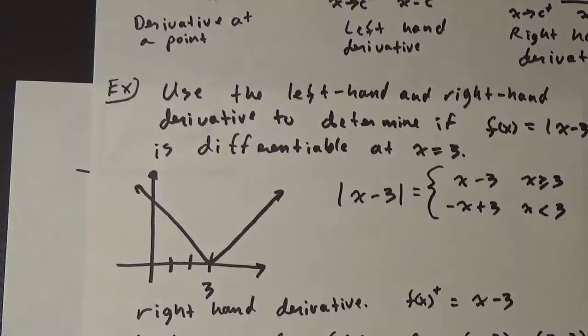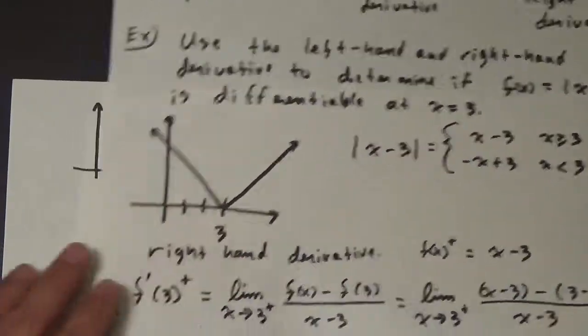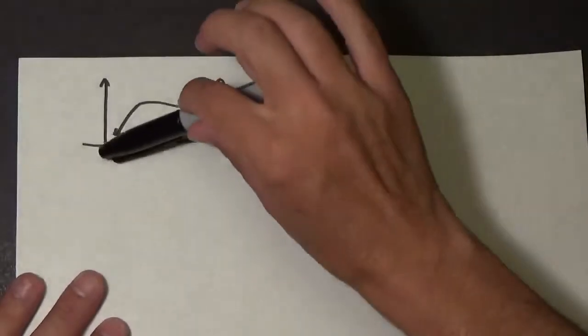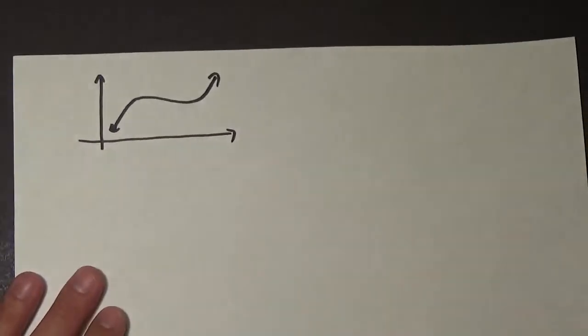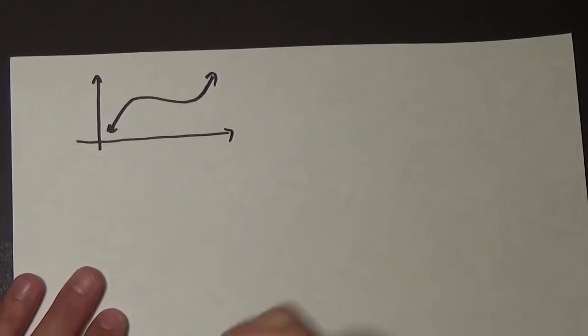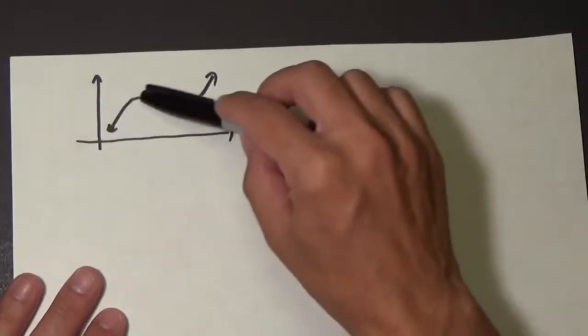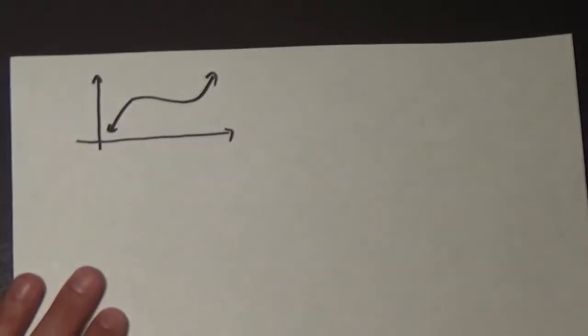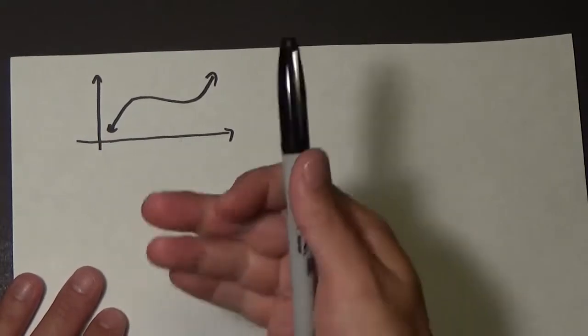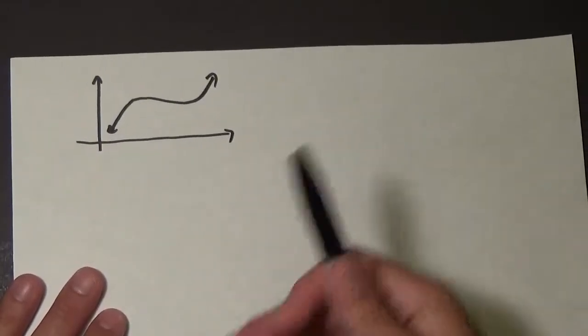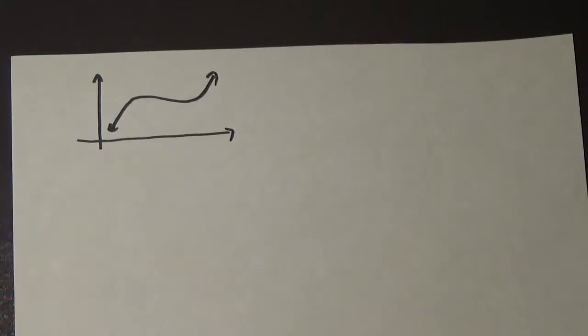And so that's what creates the issue of not being differentiable here. So if you're smooth, then it is differentiable. And so we can say that if a function is differentiable, then it has to be continuous. But we have shown that if it's continuous, then it's not necessarily differentiable.